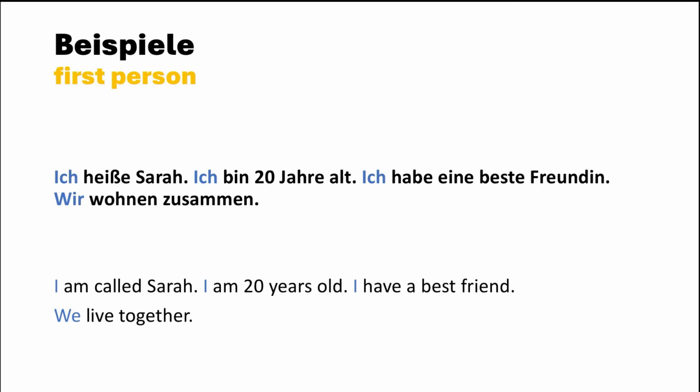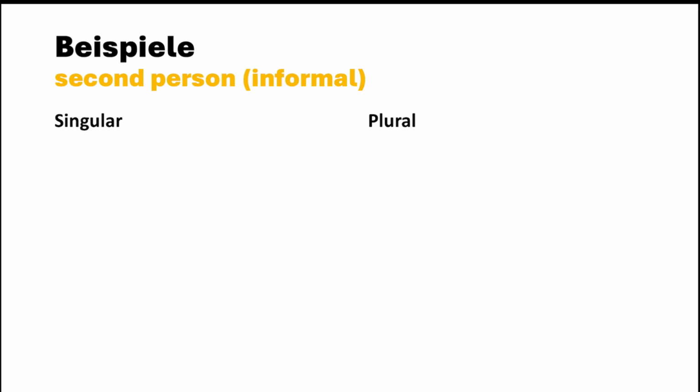Let's look at examples for the second person in the informal version. This would be du in the singular case, you, or plural, ihr, you all. So again, in both cases, second person, you're speaking to someone. Du or ihr. Du would be speaking to one person.